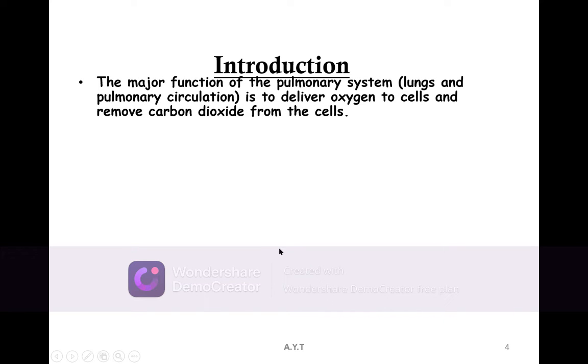We know about the oxygen dissociation curve and how the cell responds with the entry of oxygen and the carbon dioxide as the end product, which should go out of the system.